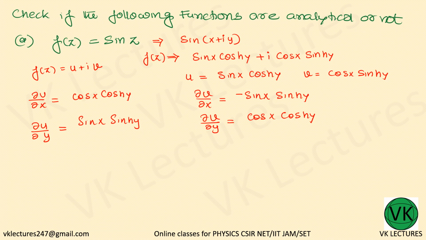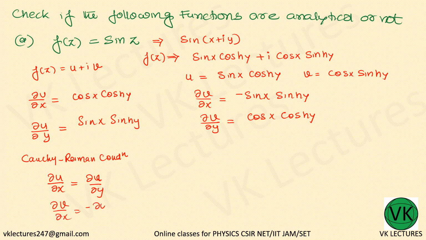Now we need to check the Cauchy-Riemann condition, the necessary condition. Dou u by dou x is equal to dou v by dou y, and dou v by dou x is equal to minus dou u by dou y.